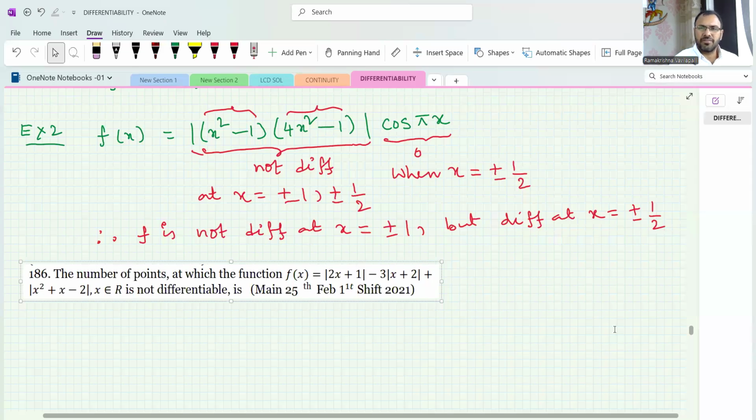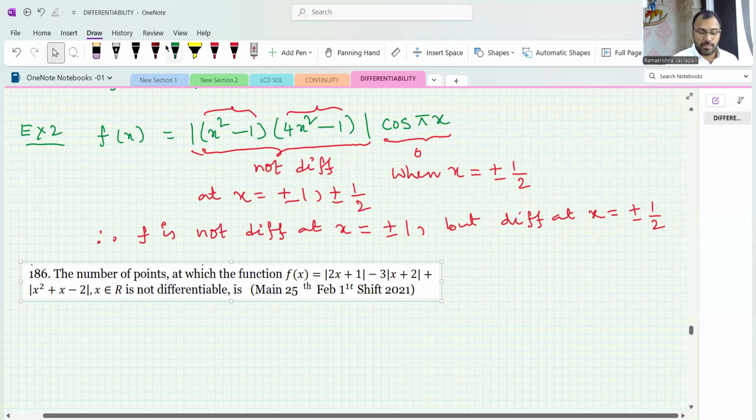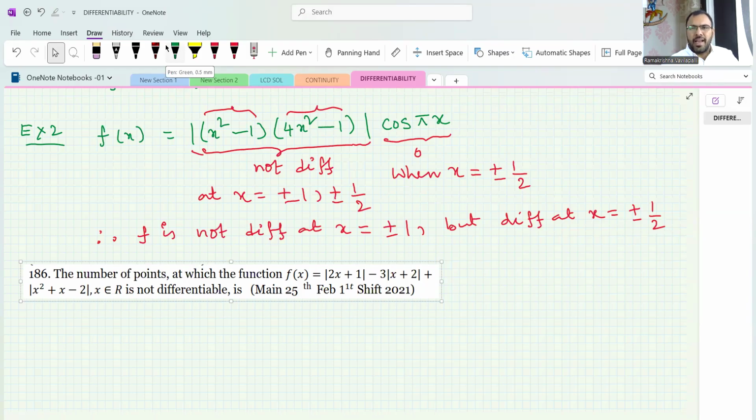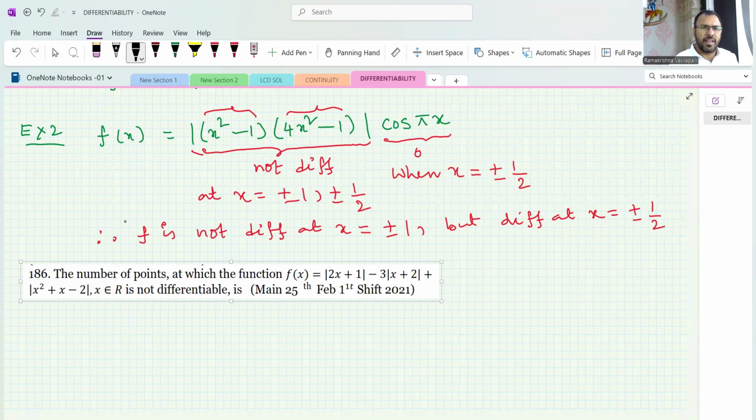This is the last question for this part 2. Later on, I'll explain part 3. In part 3, I'll explain algebra of differentiable functions, minimum and maximum of two differentiable functions, and how to solve functional equations using derivatives. Here you see that we can simplify f of x. Don't find the non-differentiable points directly, because the sum or difference of two non-differentiable functions can be a differentiable function.